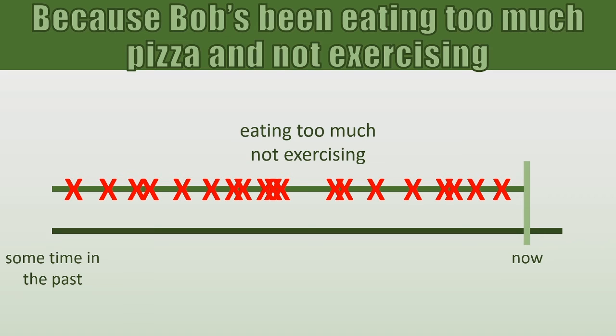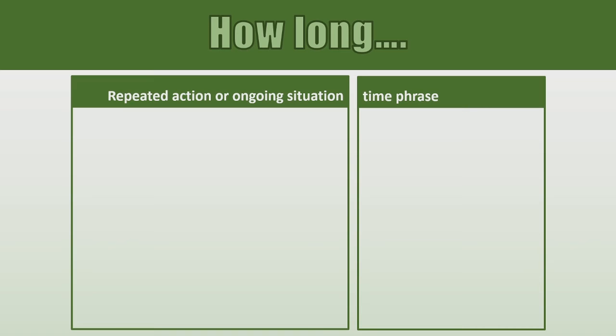So what do we use present perfect continuous for? Well, it often answers the question, how long? So we have our repeated action or ongoing situation. For example, I've been answering questions. And then we have our time phrase, since 8 o'clock.